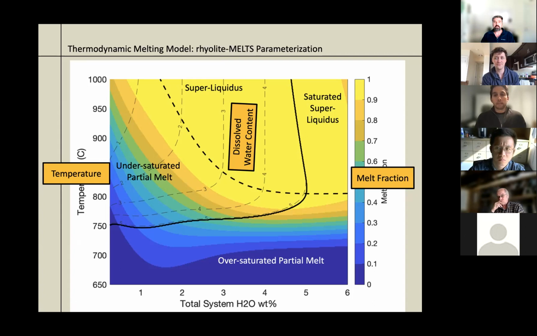And the required buoyancy really suggests that the melt fraction has to be almost 100%. So it may not apply to the entire Altiplano Puna magma body, but at least that portion of it that produces the surface uplift may well be almost completely molten.